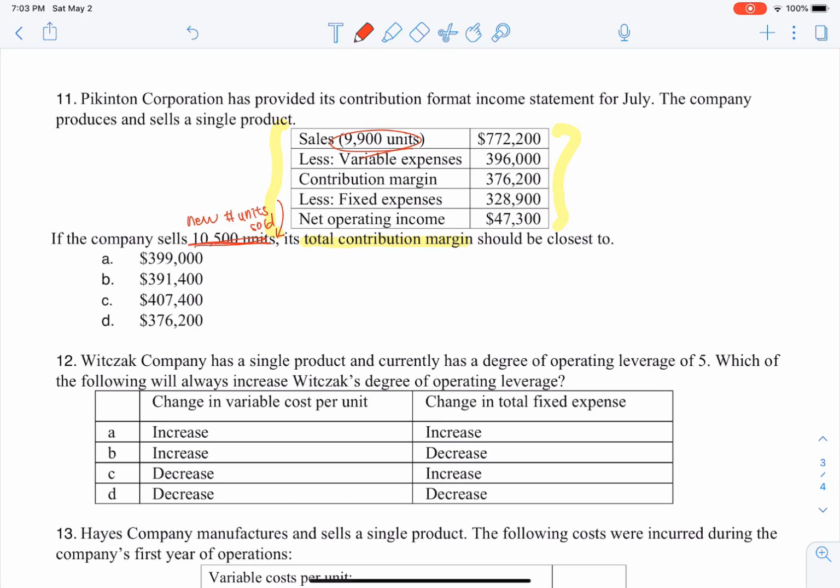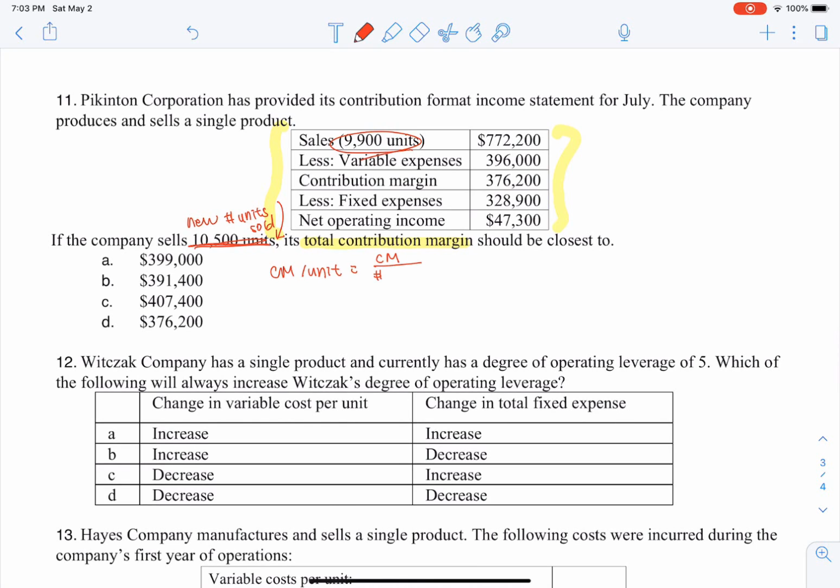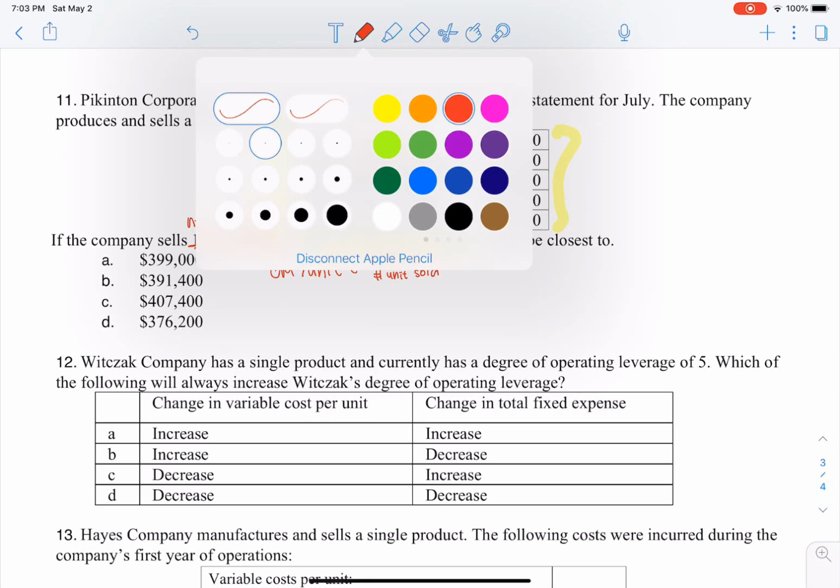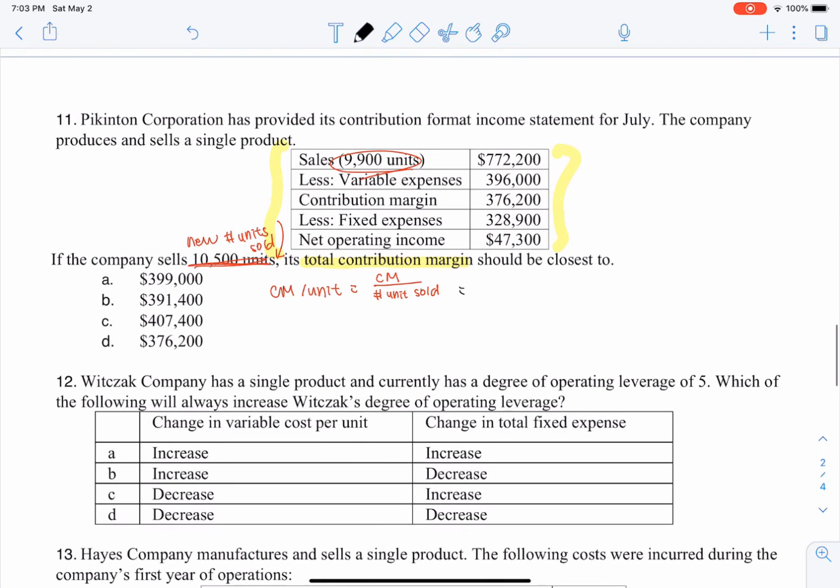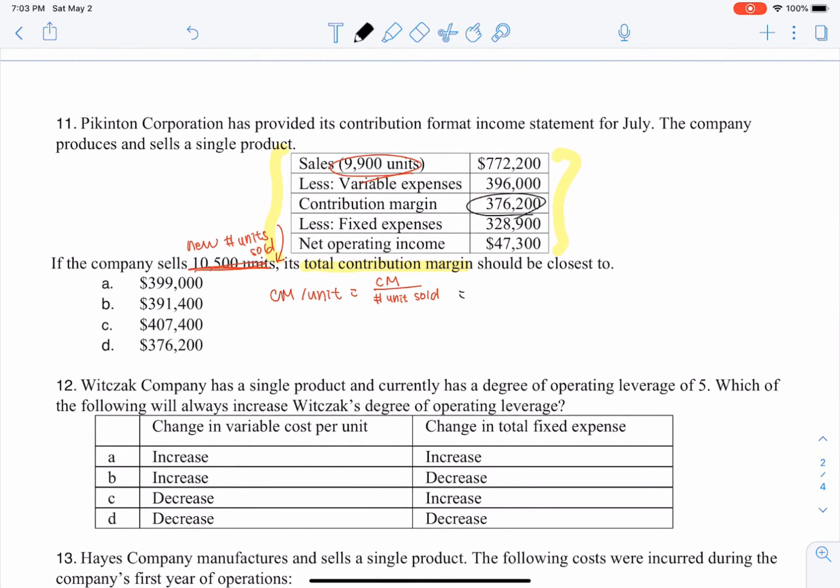Okay, how are we going to calculate the total contribution margin for this problem? First, we have to find the contribution margin per unit. With the contribution margin per unit, we're just going to use contribution margin divided by number of units sold. So we plug in the numbers, the contribution margin is 376,200.